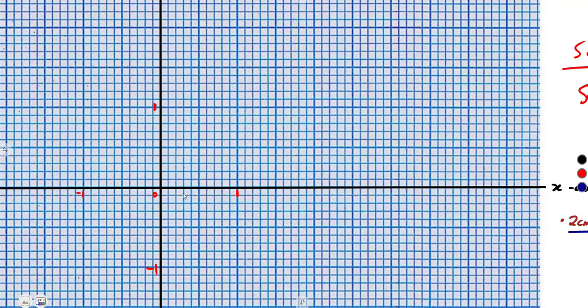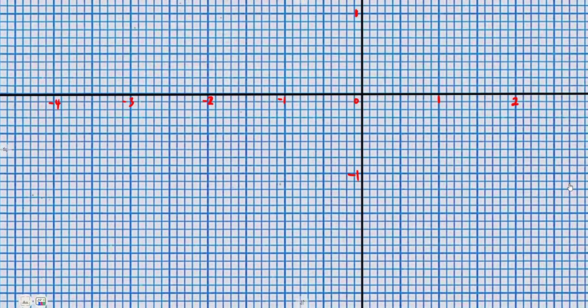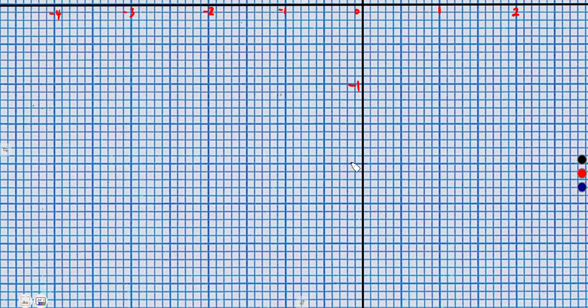So that is how we're going to play around. After every 10 small boxes, you indicate 1 unit. After every 10, that is another 1, so that will be 2, then 3, 4, 5, and so on. On the same side here, it's -2, -3, -4, and so on. The same thing here: 1, 2, 3, and so on, and -1, -2, -3, and so on.